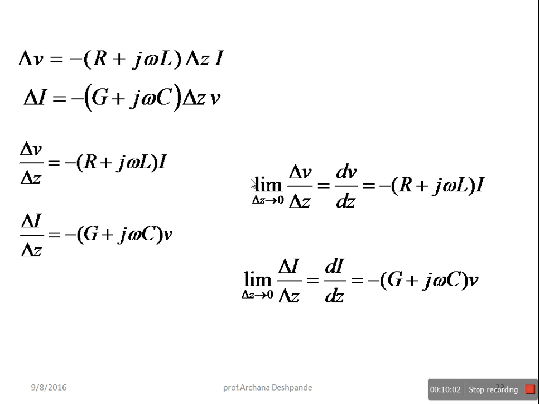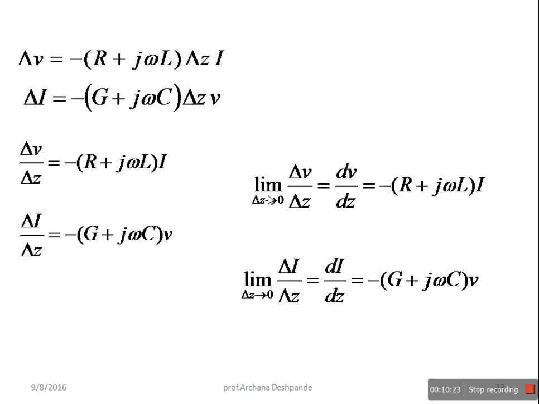Now the reason why I'm taking a limit is that we have assumed that over that small section of the transmission line the transit time is negligible, but at higher frequencies, even in that small section, there are possibilities that the transit time is significant.